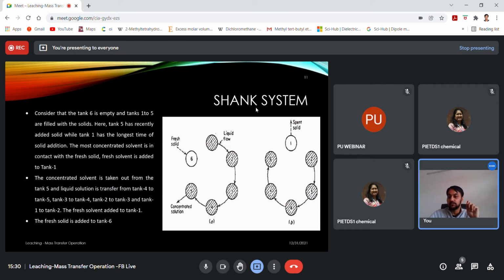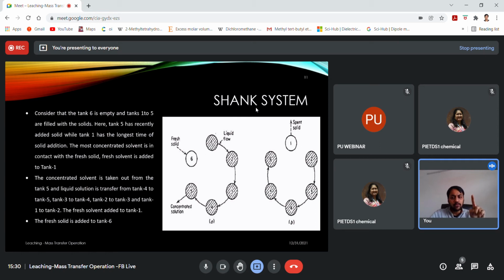Now, what happens? We take out that liquid from tank number 5, and then we move tank 4 liquid to 5, 3 to 4, 2 to 3, 1 to 2.